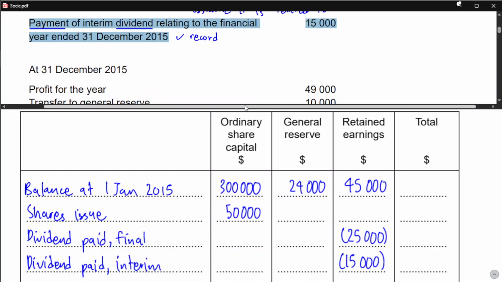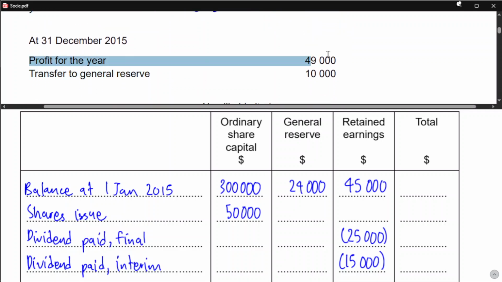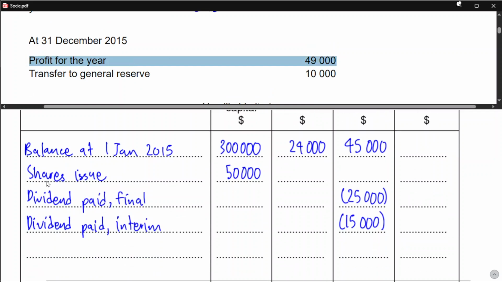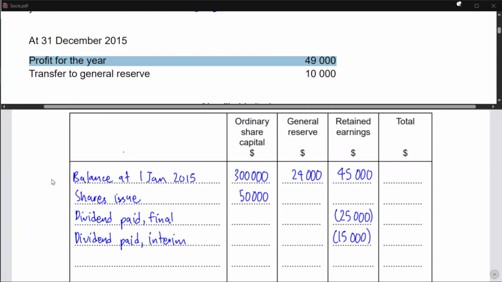Now is the profit for the year. This is very direct, so put it inside retained earnings. This will add.